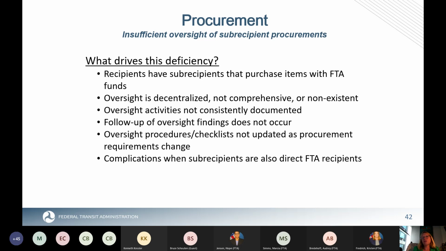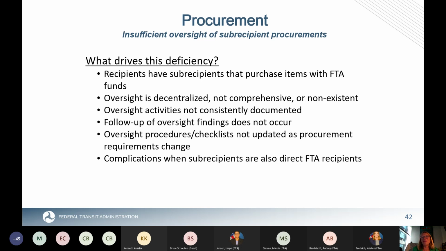A lot of agencies do oversight, and it kind of comes down in that third bullet to documentation, making sure that you document that you have done that oversight. If you have issues during your oversight reviews of your subrecipients, make sure that you do follow-up of those open findings or deficiencies. It's not a deficiency if you found something at your subrecipient and have worked to correct it.